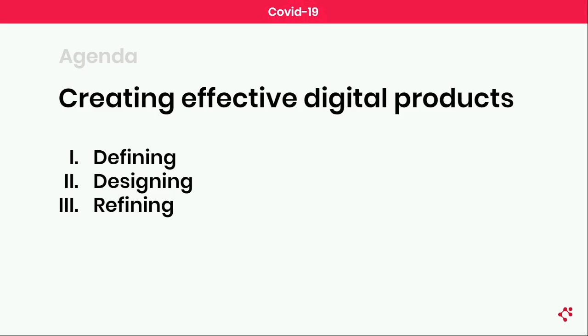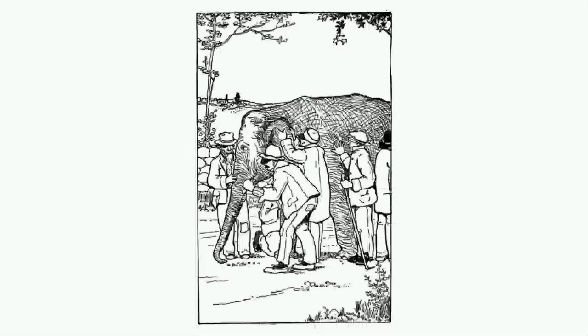So first of all, looking at defining, there's this Indian tale that goes back at least a couple of millennia, this idea that there's a number of blind men who suddenly come across an elephant, and they are all feeling different parts of the elephant, and through their own individual experiences, someone touching the trunk, someone touching the tail, someone touching a leg, they are all able to individually describe what they think an elephant is.